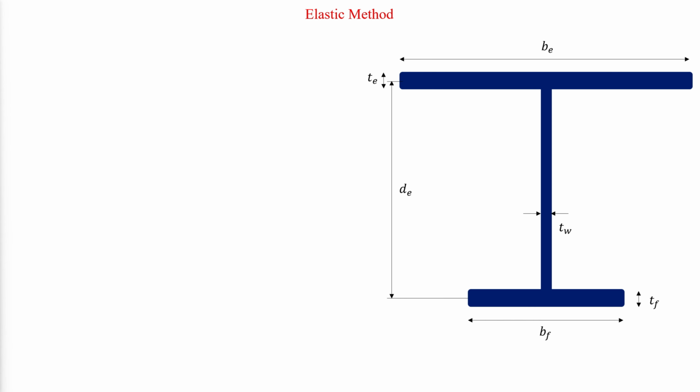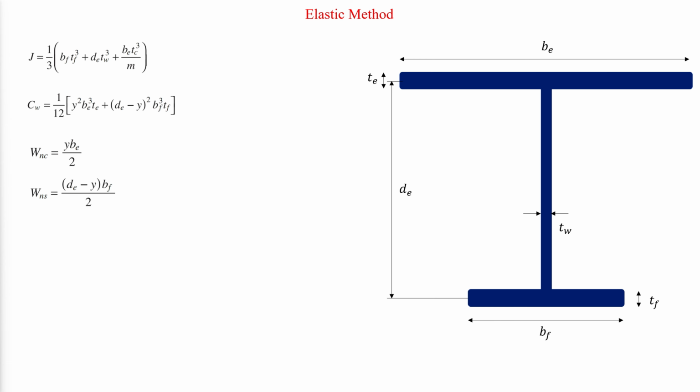The torsional constant, warping constant, normalized warping function for the slab, the normalized warping function for the steel section, the warping statical moment for the slab, and the warping statical moment for the steel section, as well as the shear center location, are then evaluated as such.